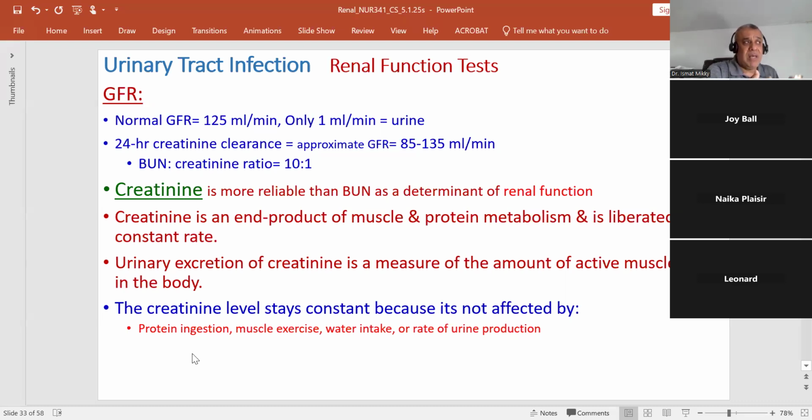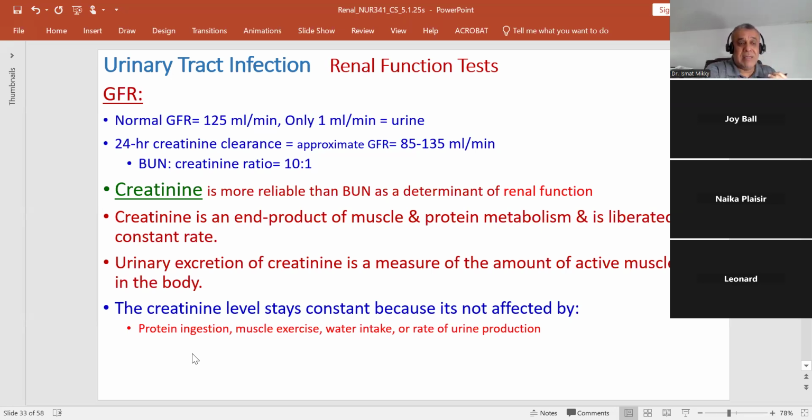So the BUN is a renal function test, but it's not a highly reliable indicator of kidney function because it fluctuates and changes, and is mostly elevated in association with other factors. Less fluid intake, it will go up.